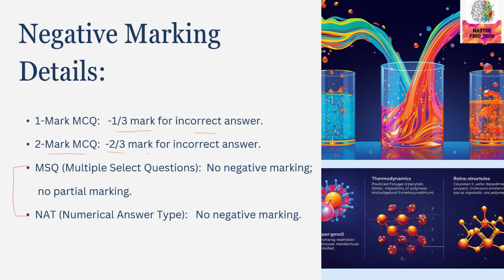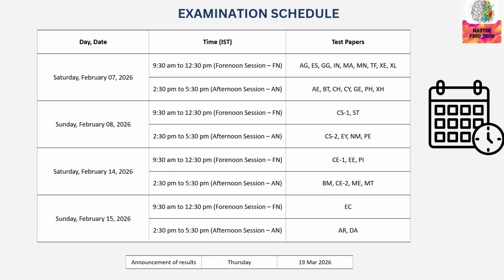So these both types of questions you can attempt as you wish, as there is no negative marking. And for the MCQs which are of 1 mark and 2 mark, you have to put in some effort while choosing the correct answer.